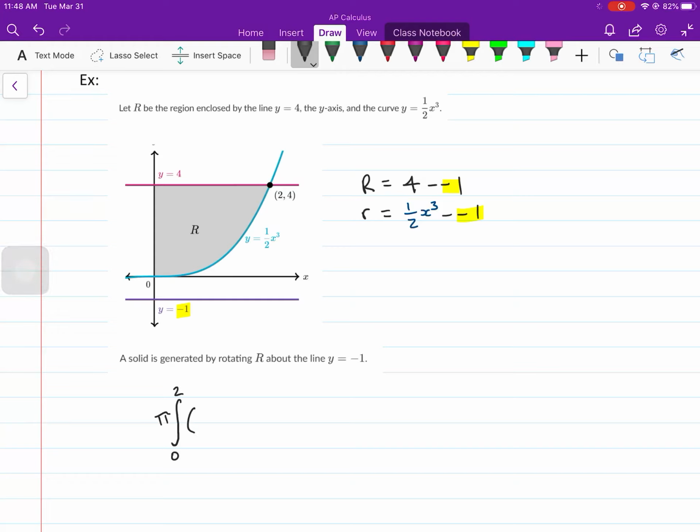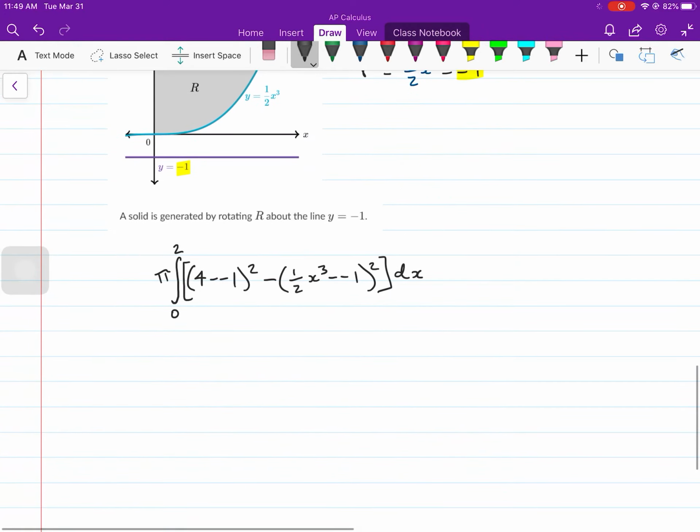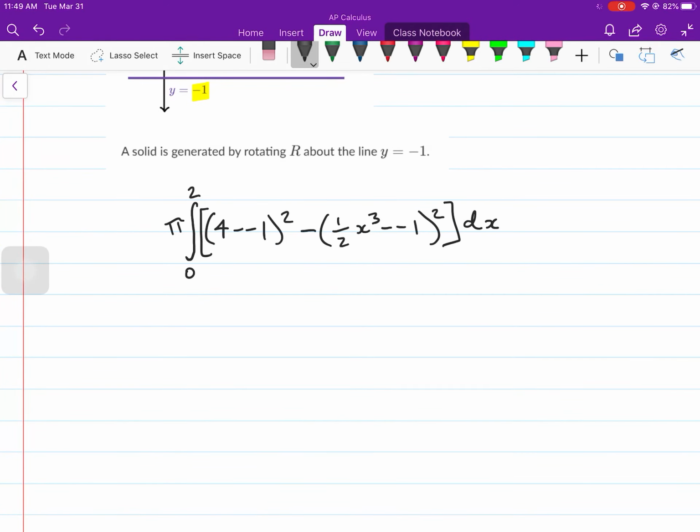And so we'll have the big radius, 4 minus -1 squared, minus our smaller radius. It doesn't hurt to clean this up a bit. So it'd be 5 squared minus 1/2 x cubed plus 1, squared.